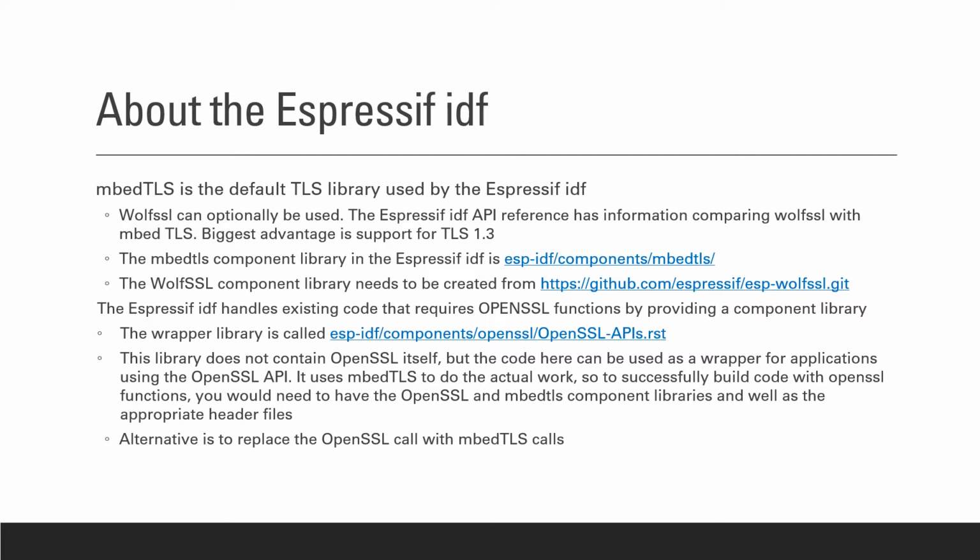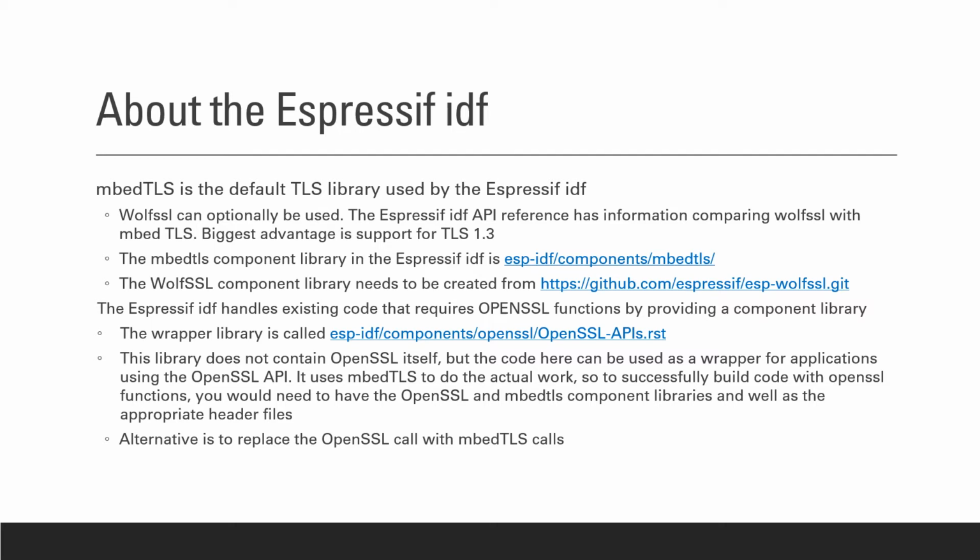And as I mentioned previously, the Espressif IDF handles OpenSSL functions by supplying a component wrapper library, and you can find that under components, openssl. In this library, it doesn't contain any OpenSSL code, just the wrapper to mbedTLS to do the actual work.